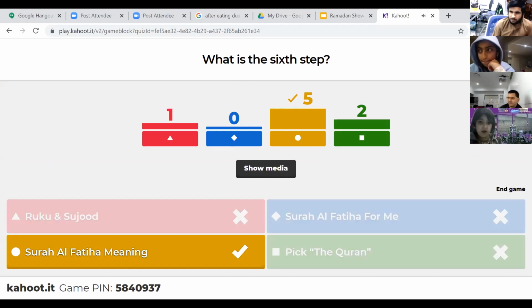Okay, so yes, after the fifth step came Surah Al-Fatiha, the meaning part of it. So Ruku and Sujud still come later, and picking up the Quran is one of the final ones. I won't tell exactly when.